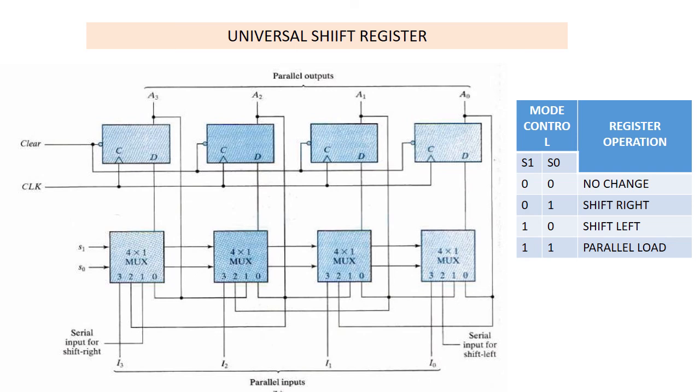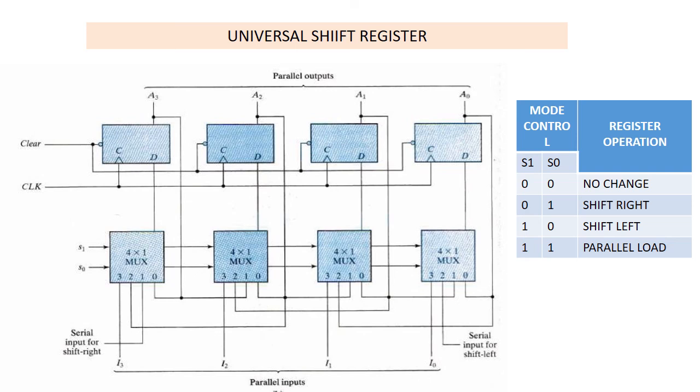When S1, S0 equal 0 0, the present value of the register is applied to the D input of the flip-flops. This condition forms a path from the output of each flip-flop into the input of the same flip-flop. The next clock edge transfers into each flip-flop the binary value it held previously, and no change of state occurs.